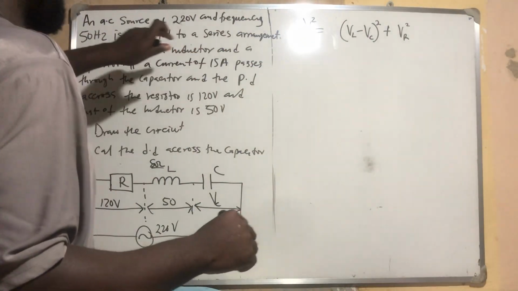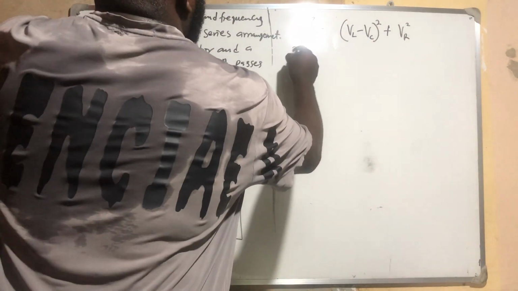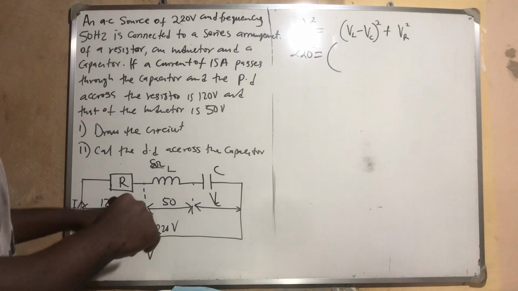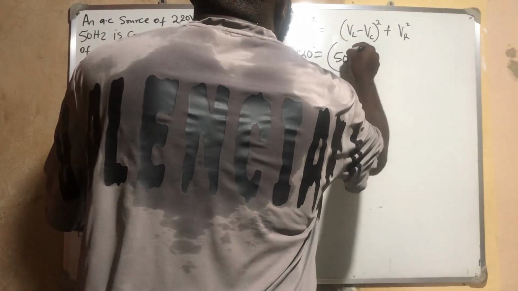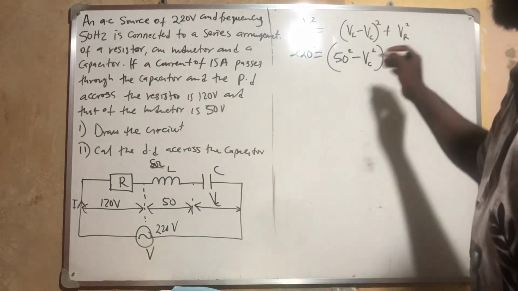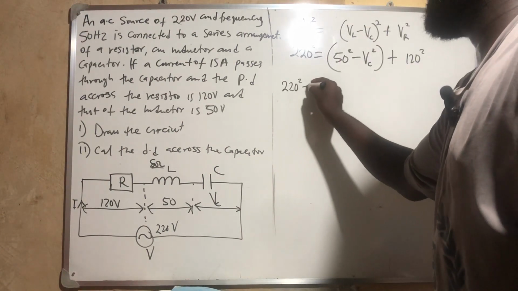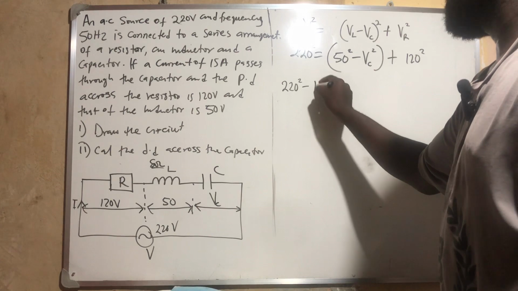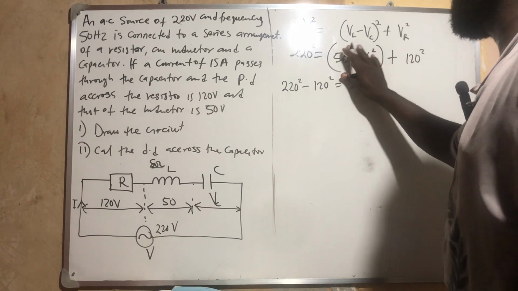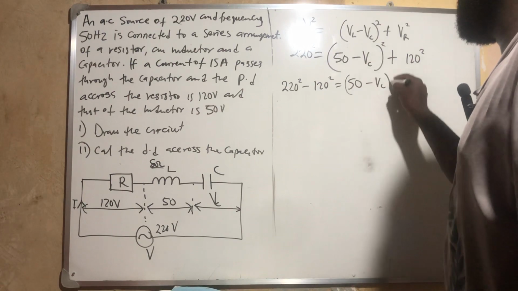The total or resultant voltage that passes through everything is 220. So I have 220 squared is equal to my VL, which is 50, minus VC all squared that I'm looking for, plus my VR, which is 120 squared. So 220 squared minus 120 squared is equal to 50 minus VC all squared.